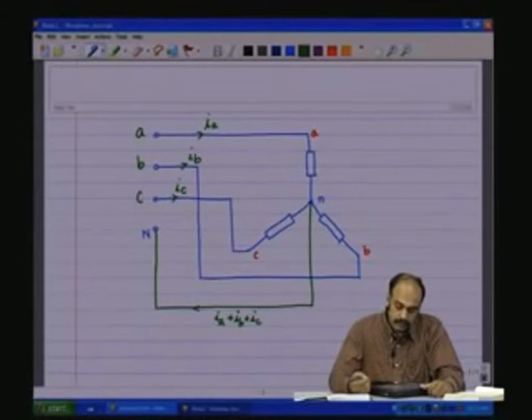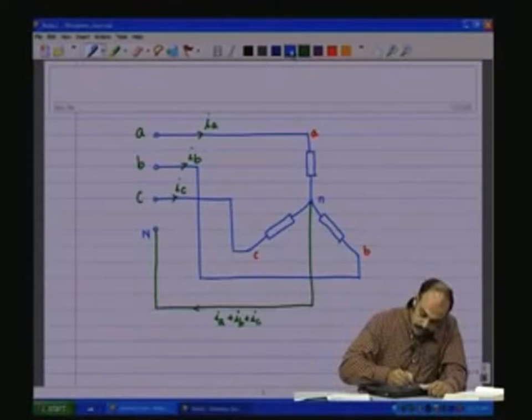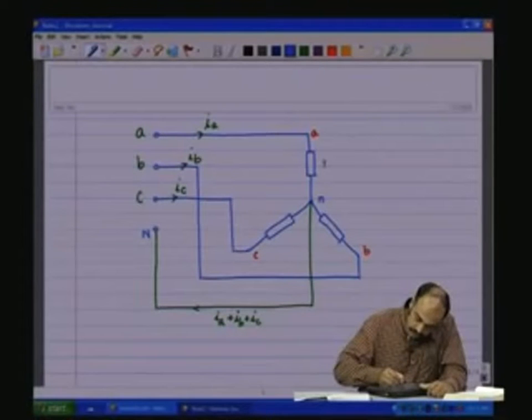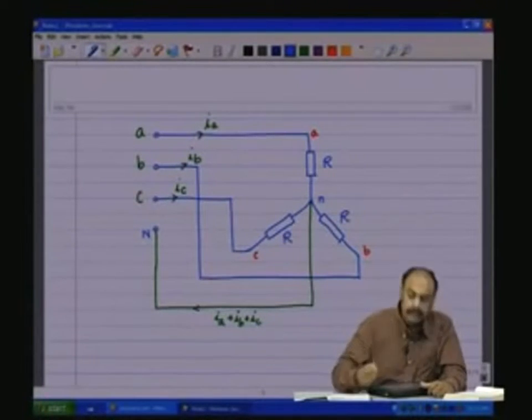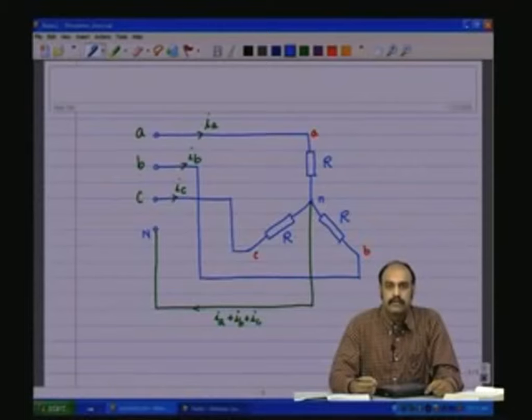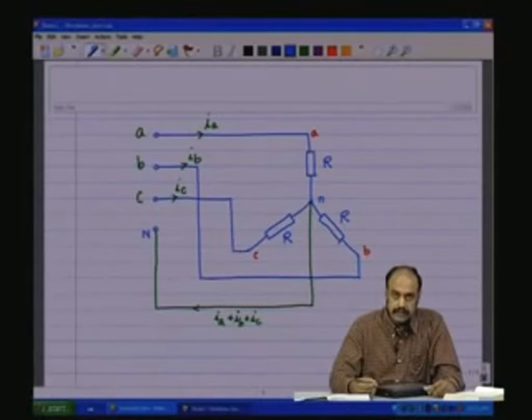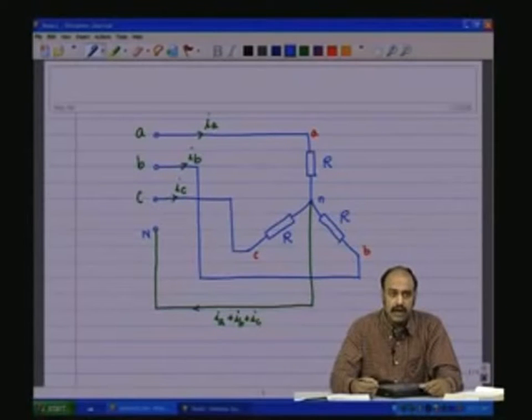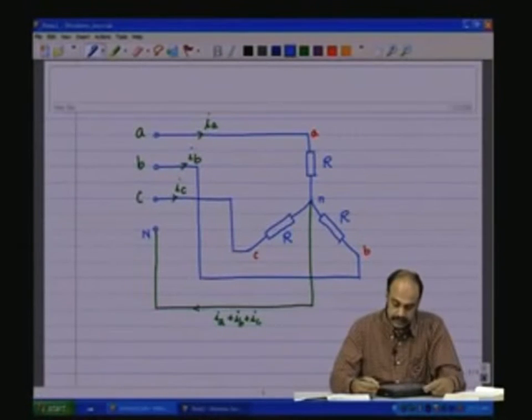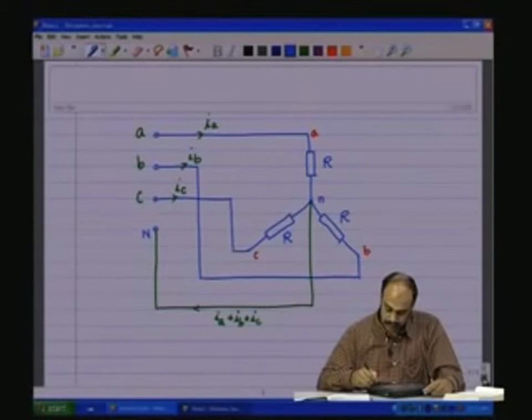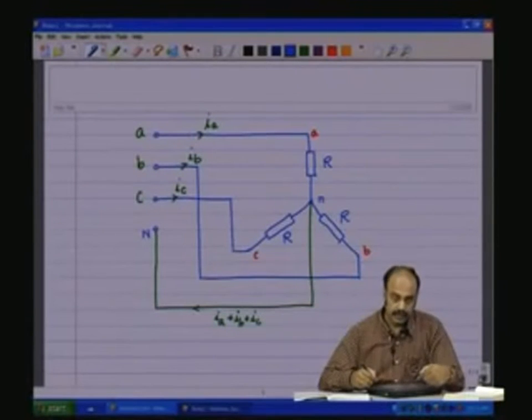Now, suppose all the 3 phases had equal loads, that is the load resistance of every phase is the same value R, then IA, IB, IC, that is the instantaneous value.